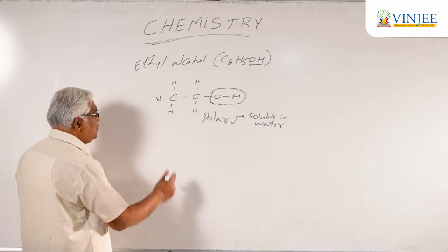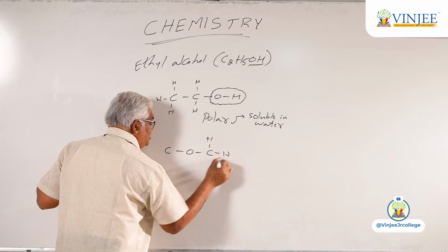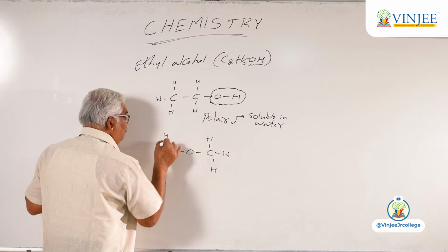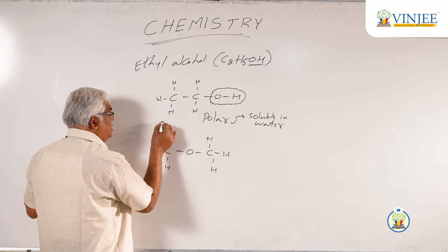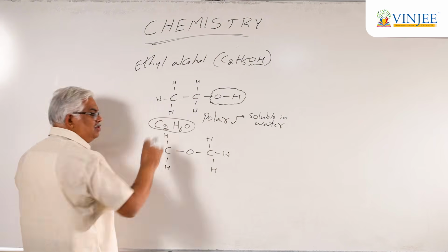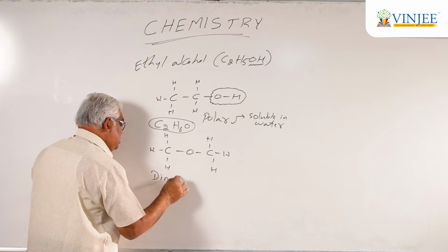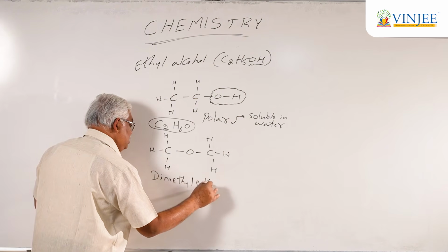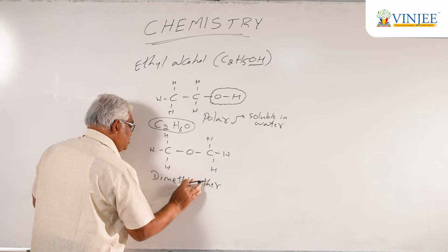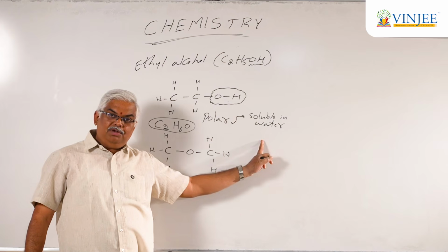The reason being, you have another compound with the same molecular formula. In both cases, you have two carbons, six hydrogens, and then oxygen. And this compound is nothing but dimethyl ether.